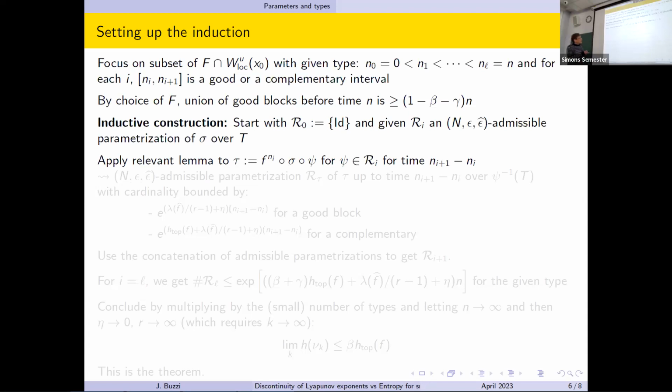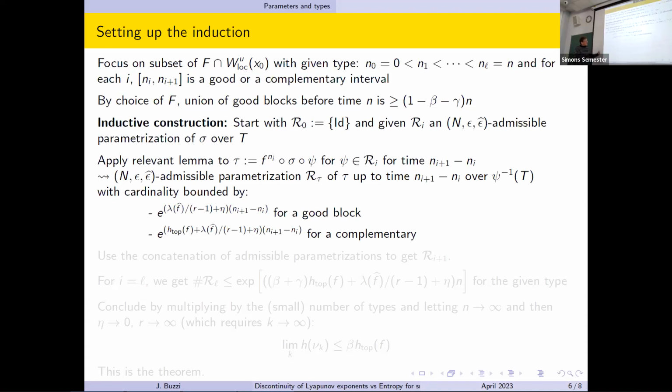At n_i we have already built, by inductive assumption, this parametrization R_i. So we need to find an admissible parametrization up to the next time. That's what we need to do. We only care about the set we are looking at.